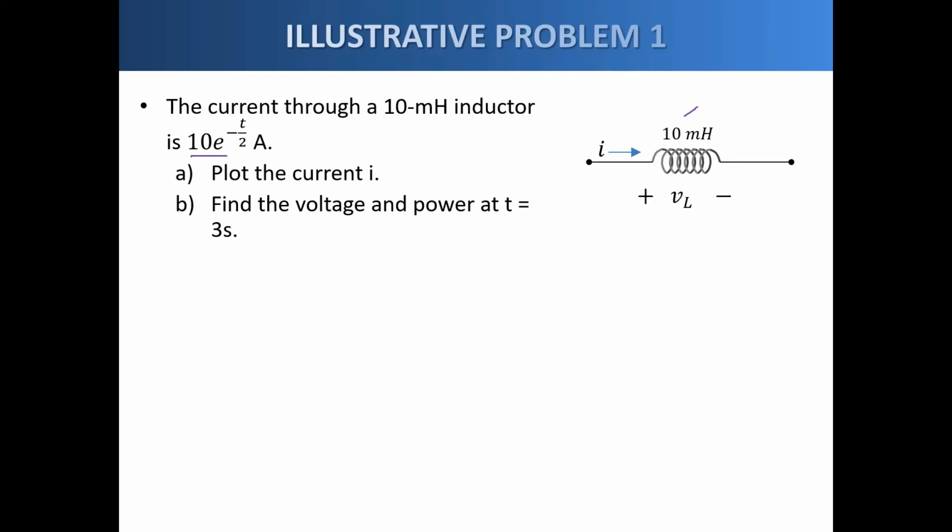First we're asked to plot the current so that we can see how it behaves from t equals 0 and onwards. And then we're required to find the voltage and the power of the inductor after 3 seconds.